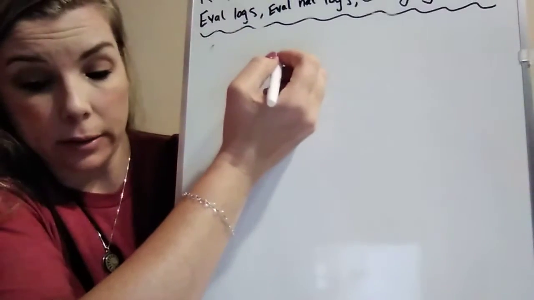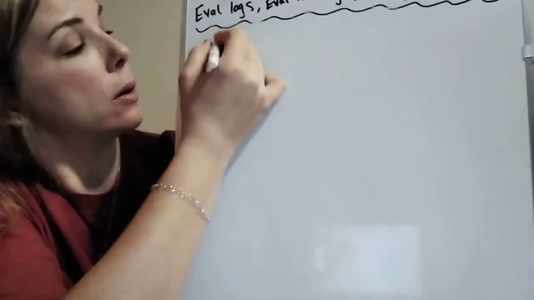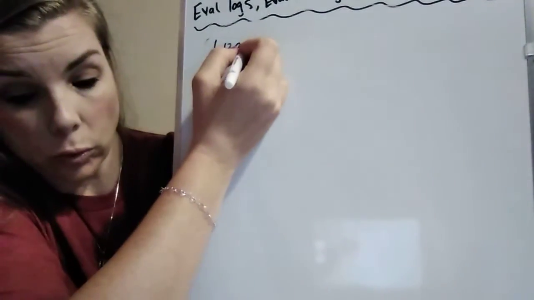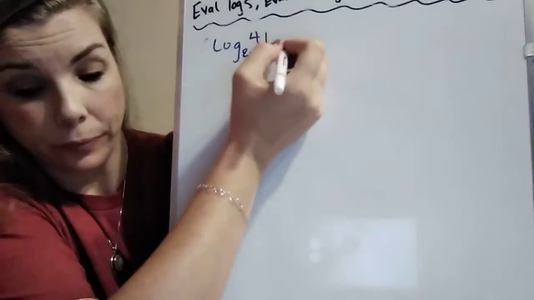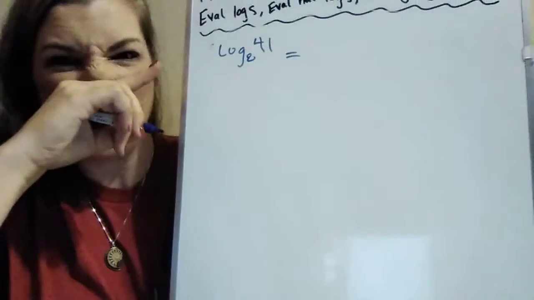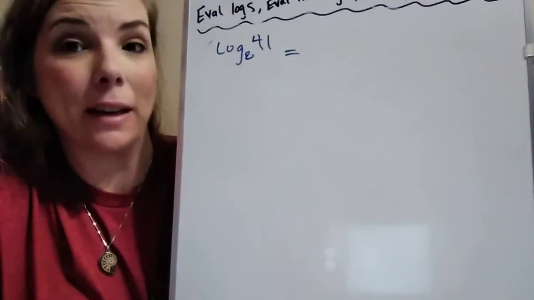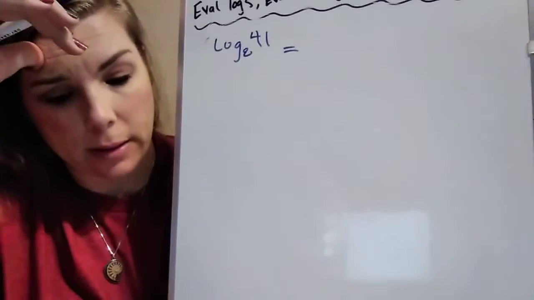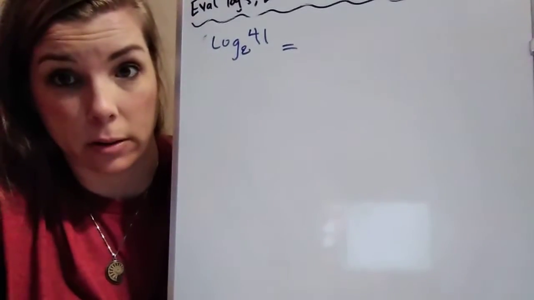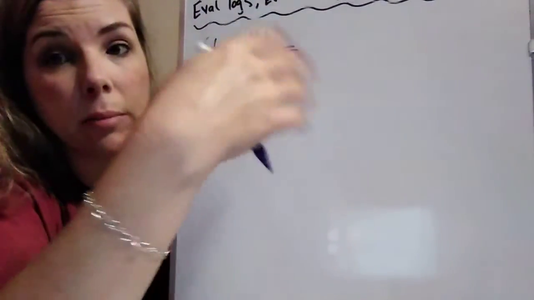If it has log 8 of 41, okay? All you do, because remember, we're changing the base. We're just moving things around, okay? As long as it's common logs, that means they got something in common here.